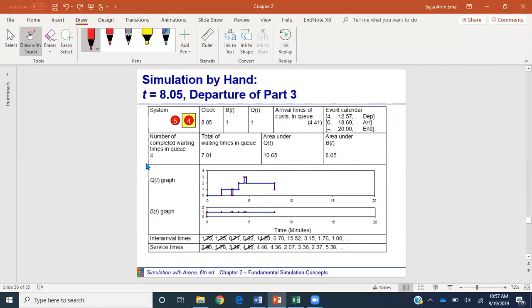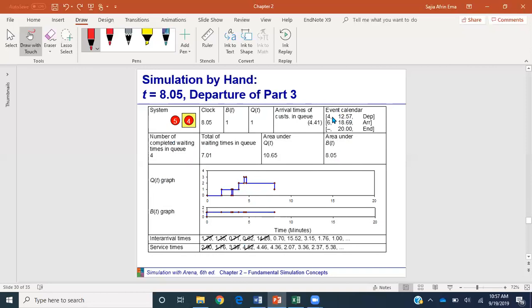So number of completed waiting increased from 3 to 4 because 4 parts completed the queue time. And then total waiting added the waiting time for part 1 plus part 2 plus part 3 together. Area under BT graph is 8.05 minutes.